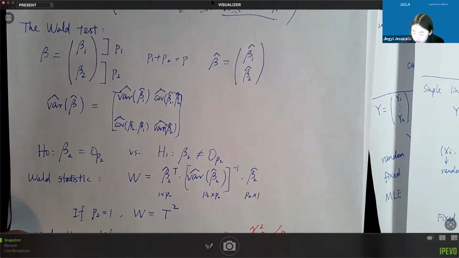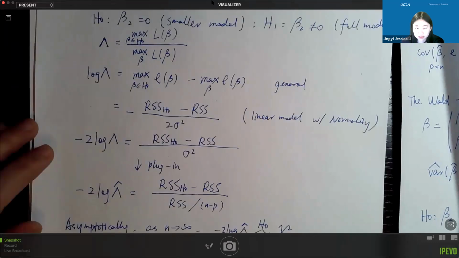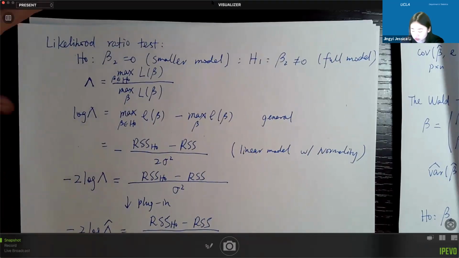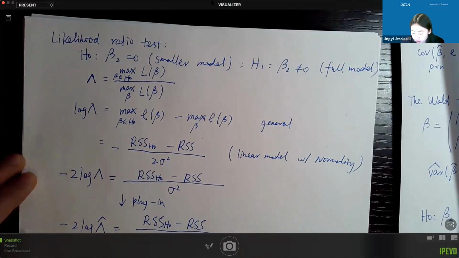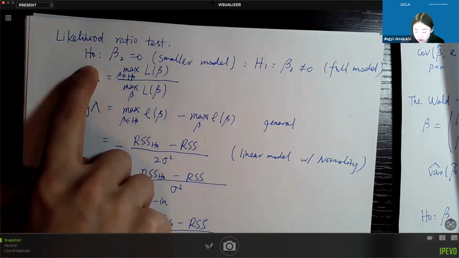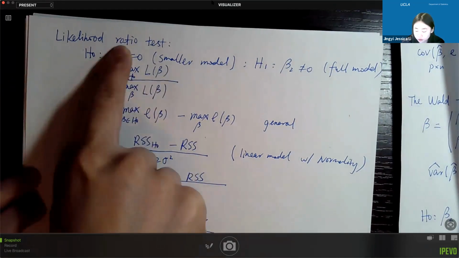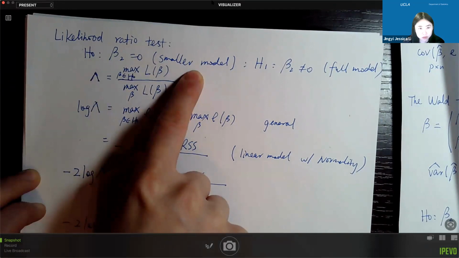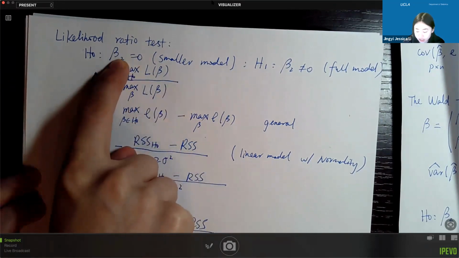And finally, we gave you the likelihood ratio test, which can play a similar role as the Wald test for the multiple linear model. In the likelihood ratio test, you consider two nested models. Under the H0 or null hypothesis, you would have a smaller model by assuming certain coefficients are equal to 0, which means that you just do not consider those predictors in your model.